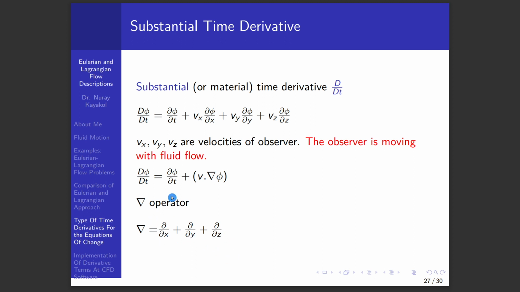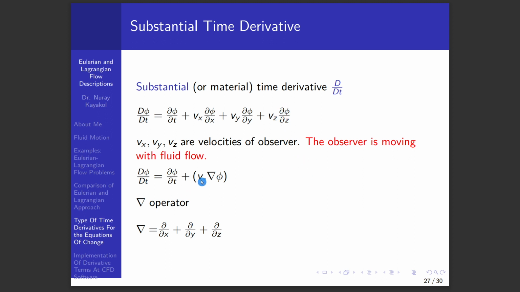So if you compare this nabla equation with the total substantial time derivative equation, you see the dot product with phi will give del phi over del x, del phi over del y, del phi over del z.